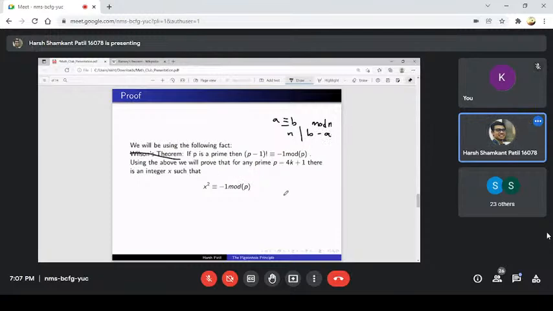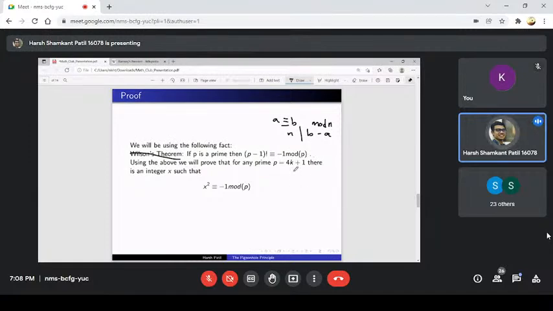So if p is a prime, then (p minus 1) factorial is congruent to minus 1 modulo p. Actually, this is an if and only if statement: if for some n, (n minus 1) factorial is congruent to minus 1 modulo n, then n is a prime. For small values of n, this can be used to check whether a number is prime or not.